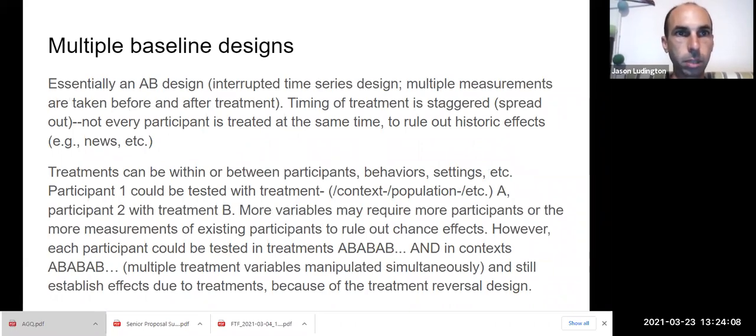Next slide, multiple baseline designs. Essentially, an A-B design, which we can call an interrupted time series design. I wrote that. I'm not entirely, let me think about that.